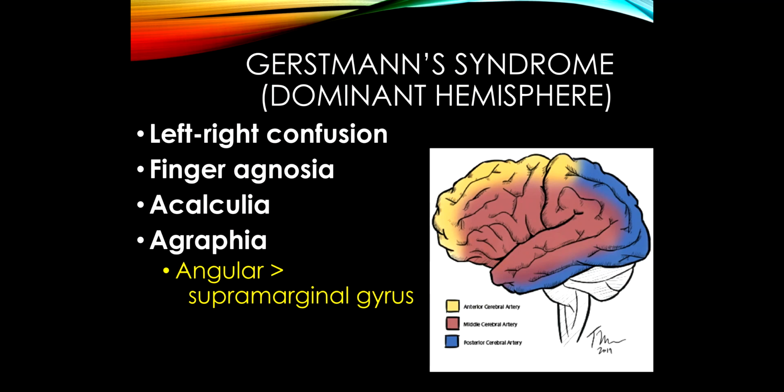So just a quick way to assess for this is ask a patient, show me the index finger on your left hand, because that right away checks these first two. And then you could give a patient some simple math problems, ask them to draw a clock, something like that. So the lesion for Gerstmann's is primarily angular gyrus and the supramarginal gyrus to a lesser extent.